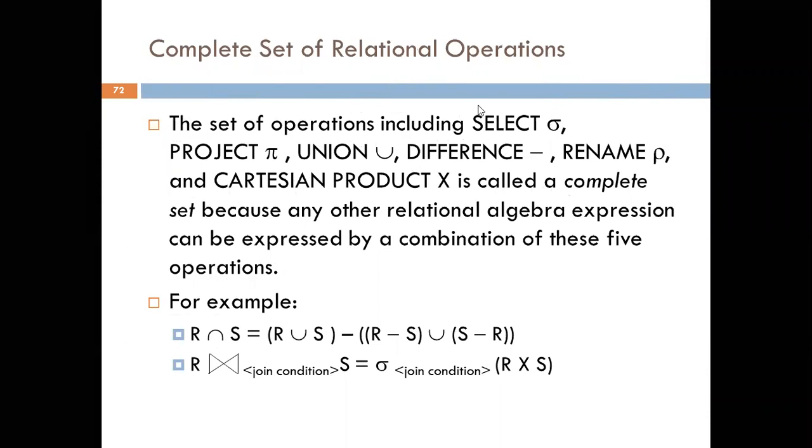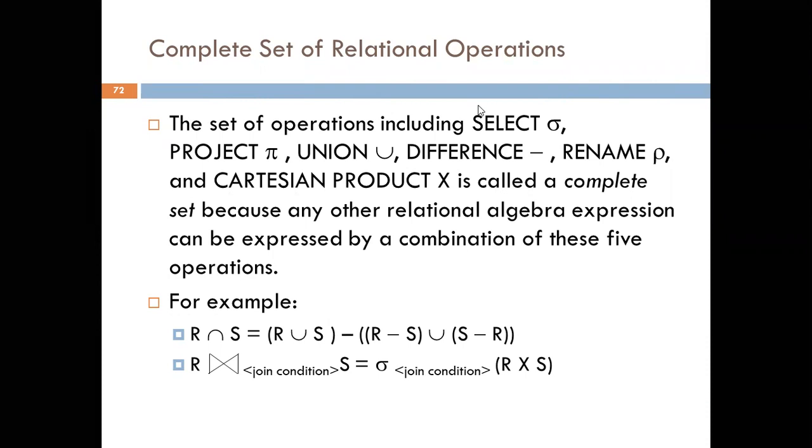So, the complete set of relational operations. We saw the various operators like the select operation, where we select the rows, the project operation, where we select only attributes, then the union operation, the set difference operation, and intersection, which we have missed. The rename operation, represented as rho, where we can rename an attribute or the table or relation itself.